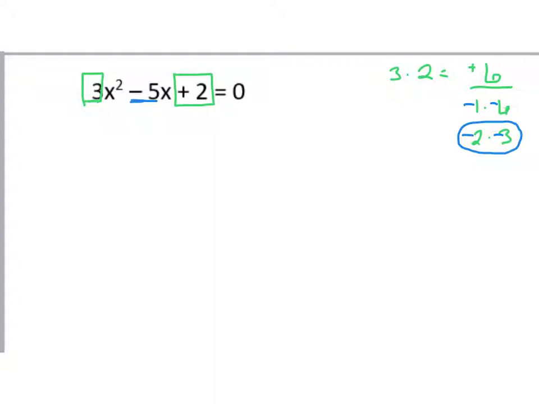Here's where I start veering a little different from before. Okay? What I need to do is take this term here, and I'm going to split it up into the two factors that combined to make it. So it's going to be a negative 2x minus 3x.